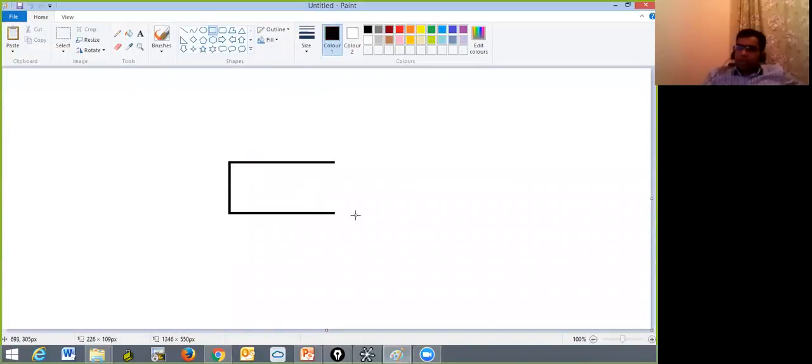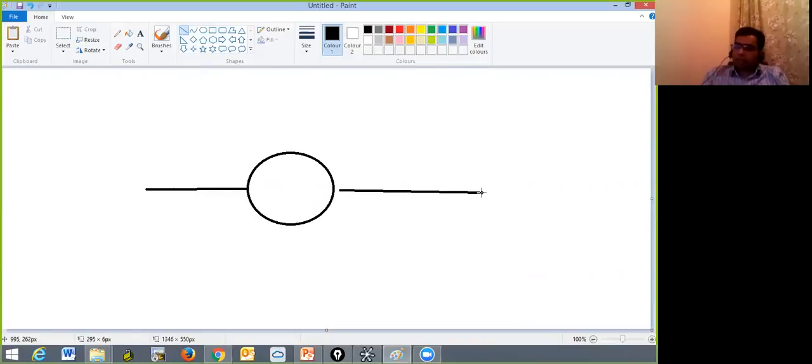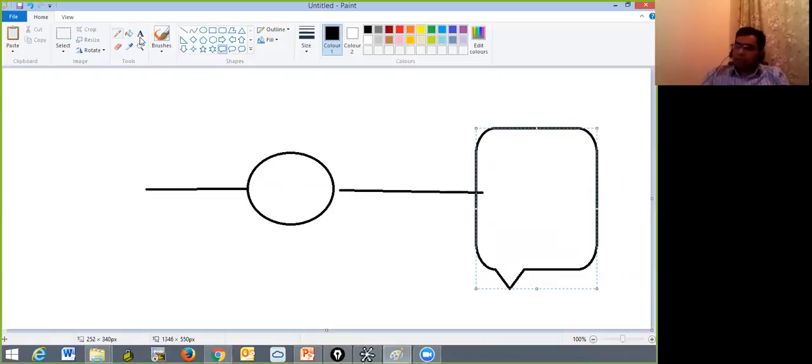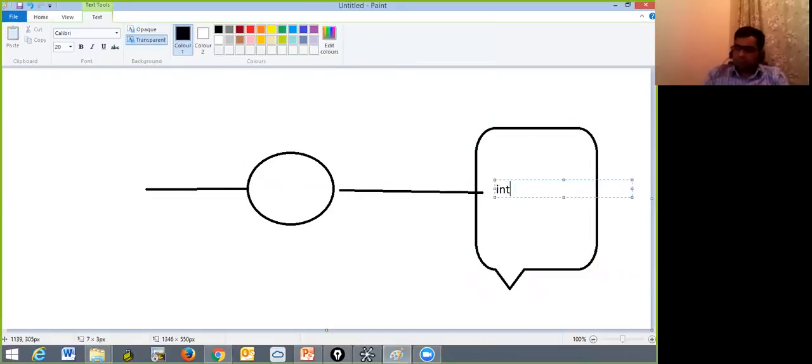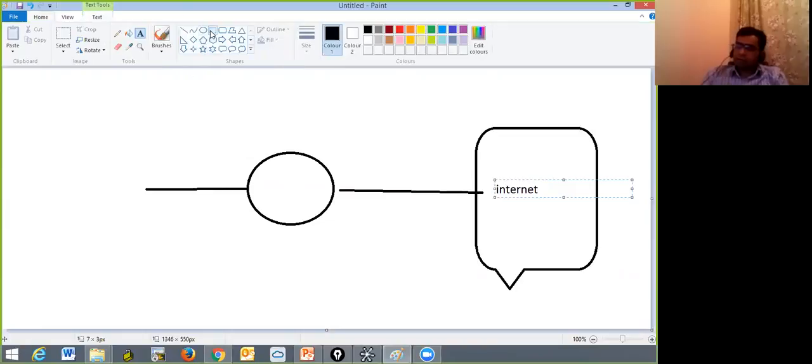So let's say we have a boundary here, and we have a router here. We buy a router, and then we have this network and this network, and this is our cloud, this is our internet, and this is our LAN.